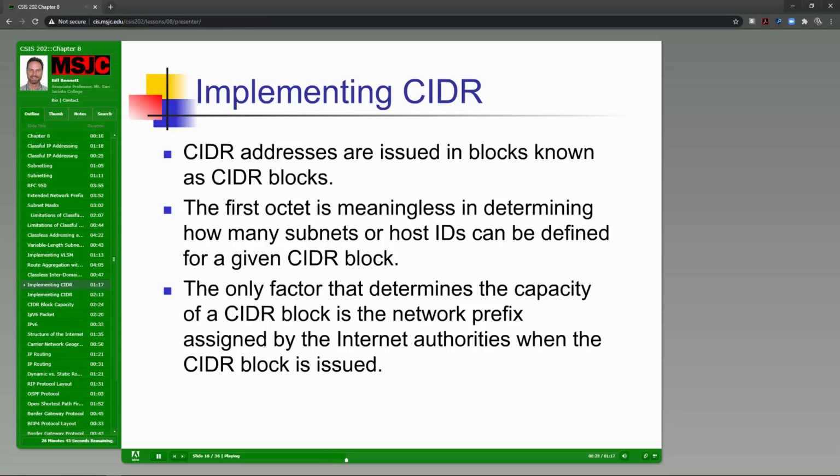So in other words, when you as an organization go to your ISP and say, hey, we need X amount of IP addresses, it's going to be up to them to dictate exactly how many IP addresses you have, and that'll be determined by the subnet mask that they give you. So they assign you a network value, and then they give you a CIDR notation.